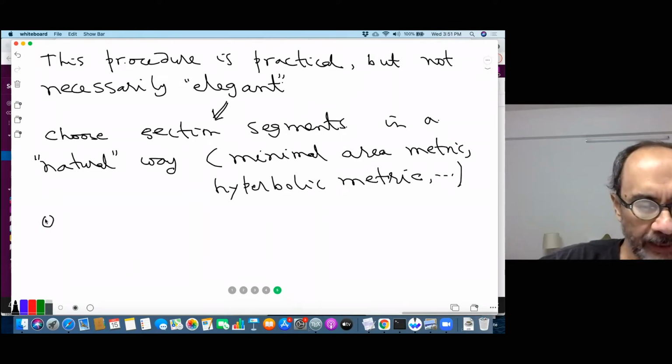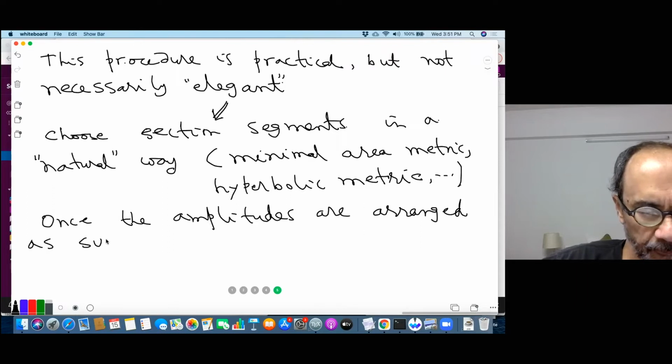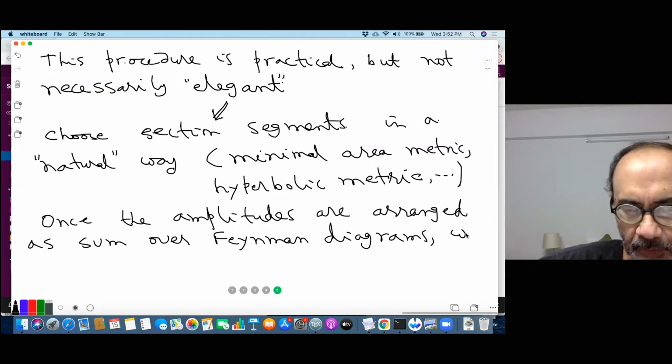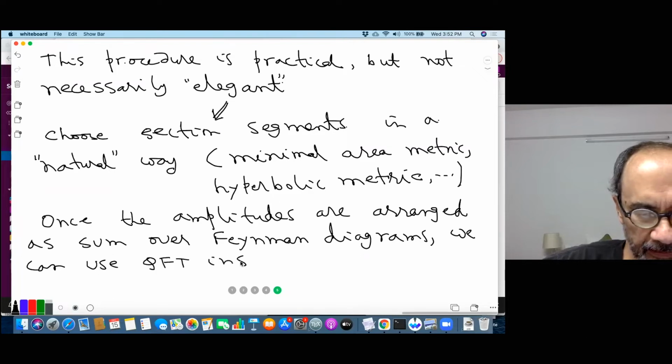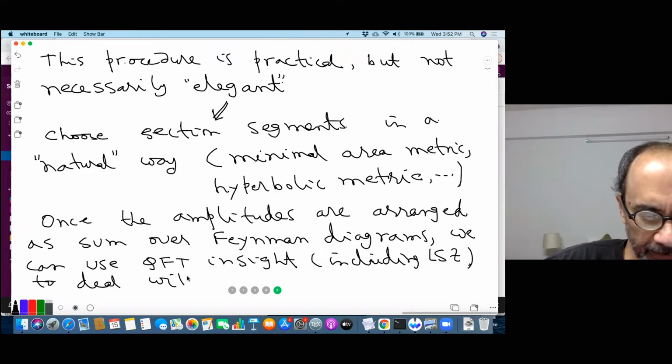Because the point is that once the amplitudes are arranged as sum over Feynman diagrams, we can use QFT insight, including LSZ, to deal with the problem of on-shell internal propagator.